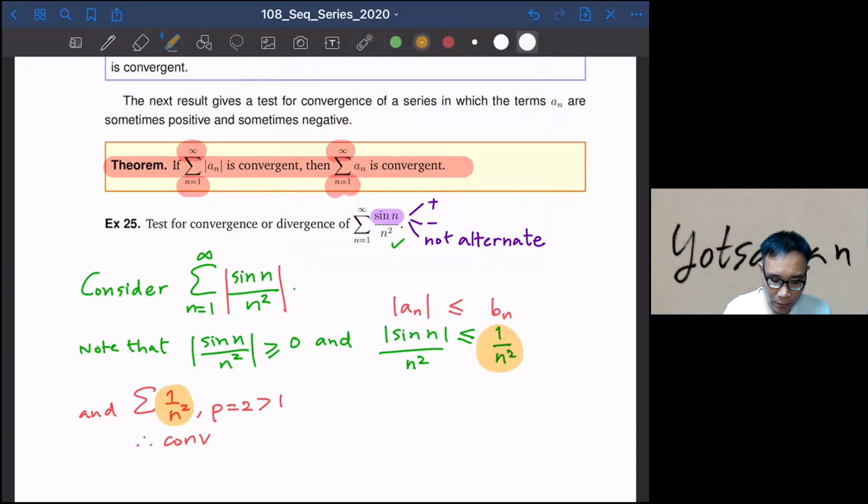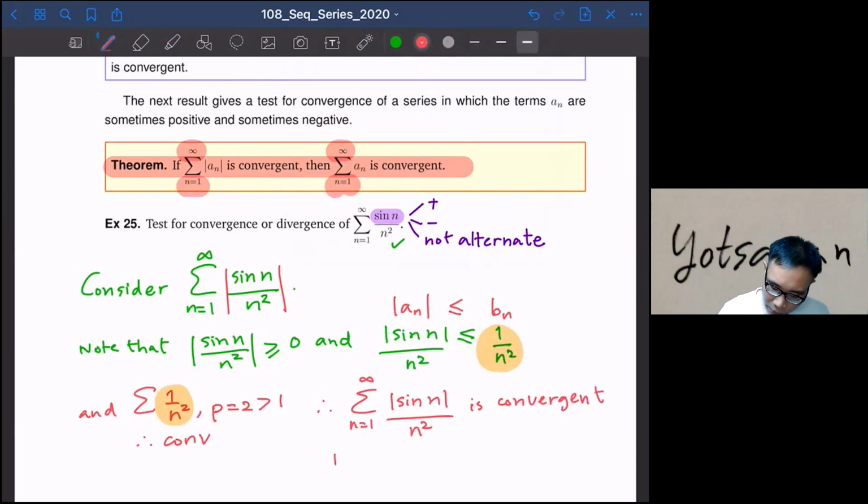So we are able to conclude that the series n equal to 1 to infinity of the absolute value of sine n over n squared is convergent by the comparison test.